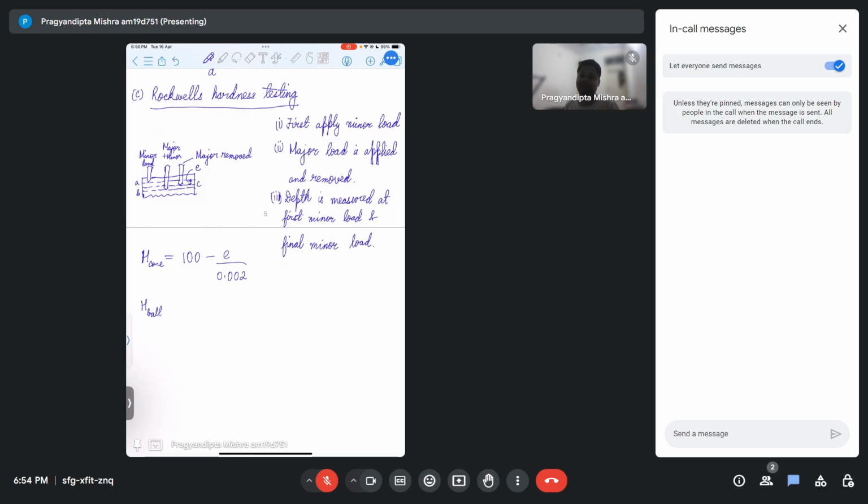So why exactly do we need to measure this?